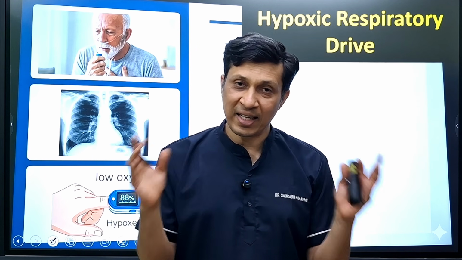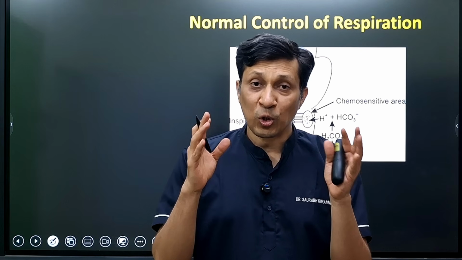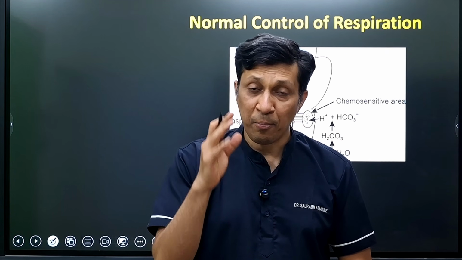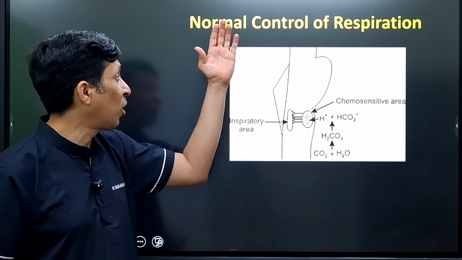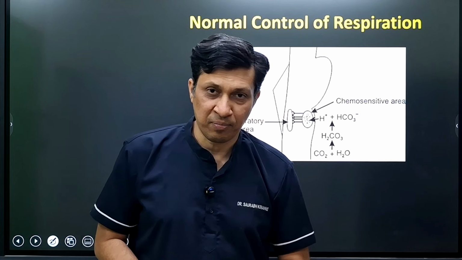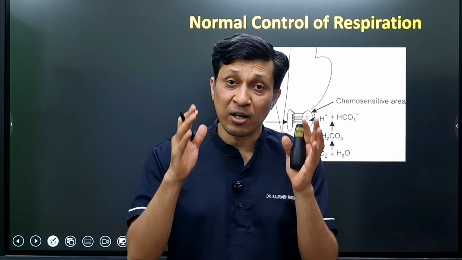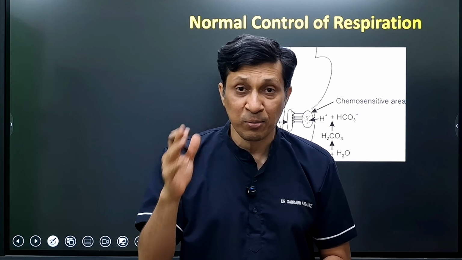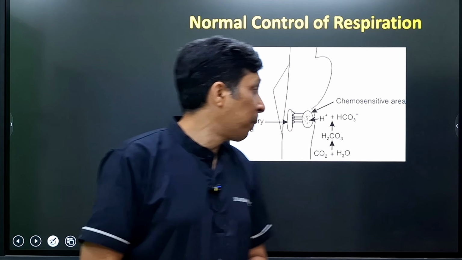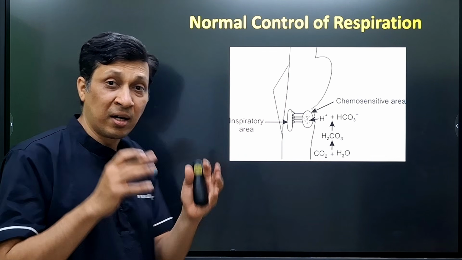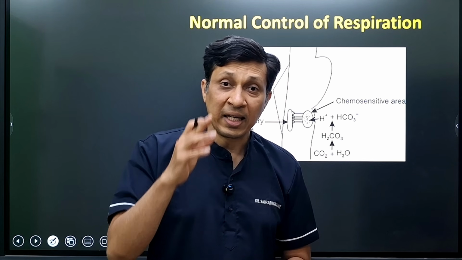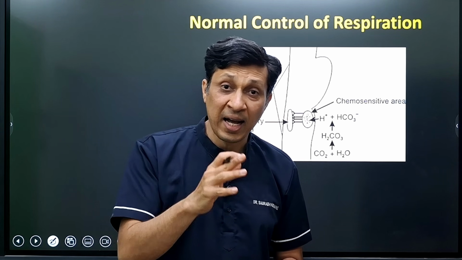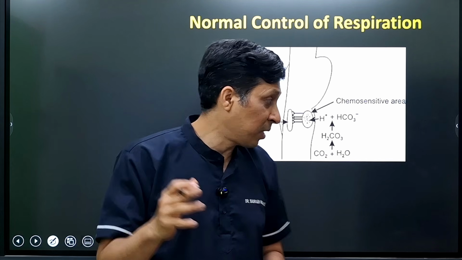So friends, let's start. To understand the concept of hypoxic respiratory drive, we should first know the normal control of respiration. Most of us think that oxygen is the normal stimulus for respiration, but it is not true. The real stimulus for respiration in normal conditions is PCO2, that is rising carbon dioxide in the blood.